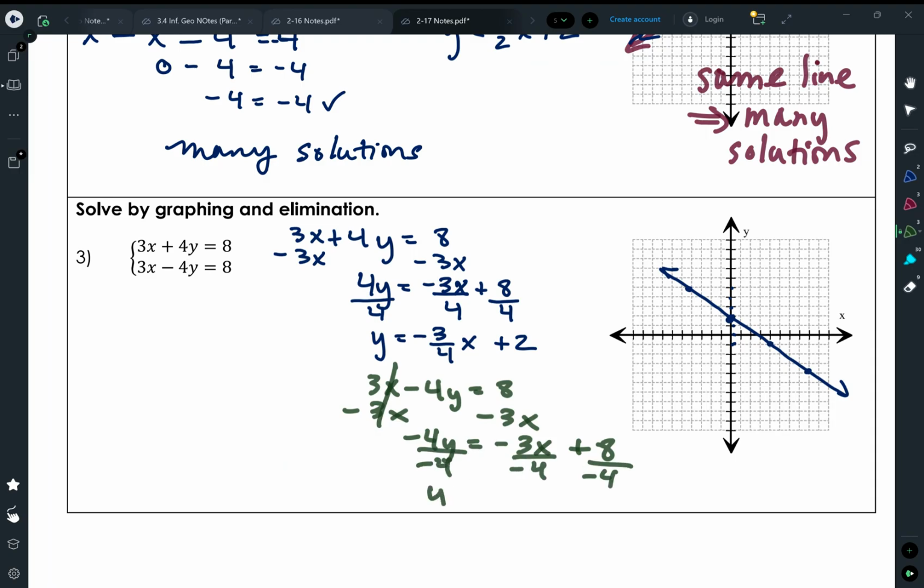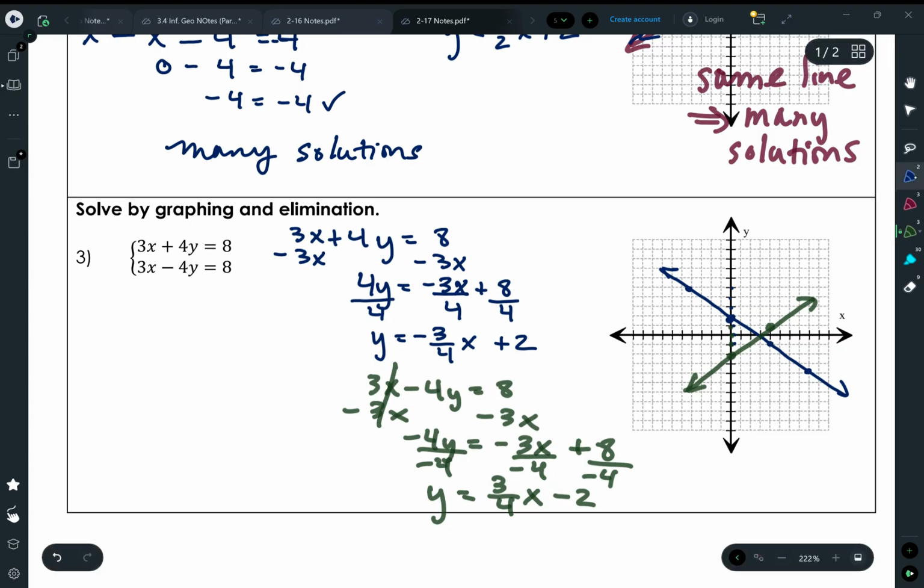So now we have y equals 3/4 x minus 2. Really close, but not the same line. So this one's going to start at a negative 2. And it's going to be up 3, 1, 2, 3, and over 4. So I get something like this. It doesn't cross at a very nice point.